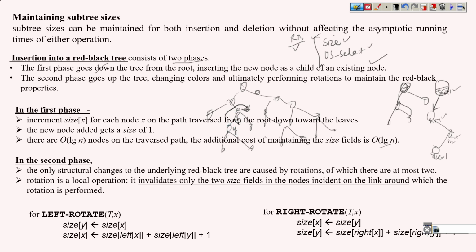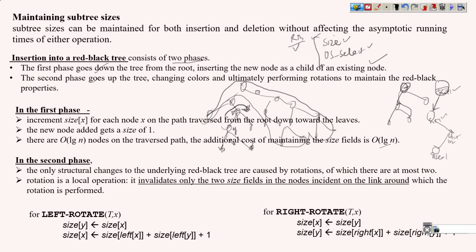A new node is inserted here, or a new node is inserted here. If it's inserted here, then this is case 2. If it's inserted here, this is case 3. So in both the cases we are actually taking care of the parent and the grandparent. The other entire tree remains untouched. This is not going to have any impact.